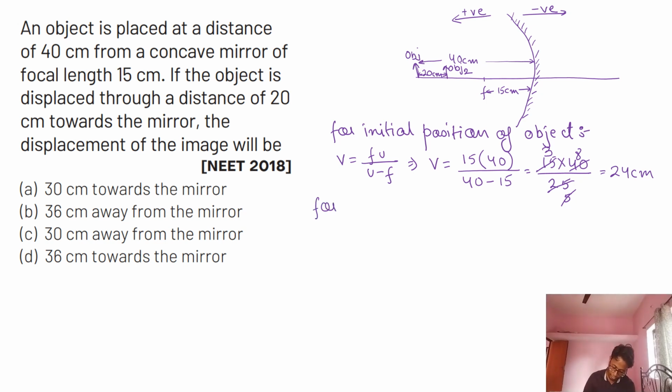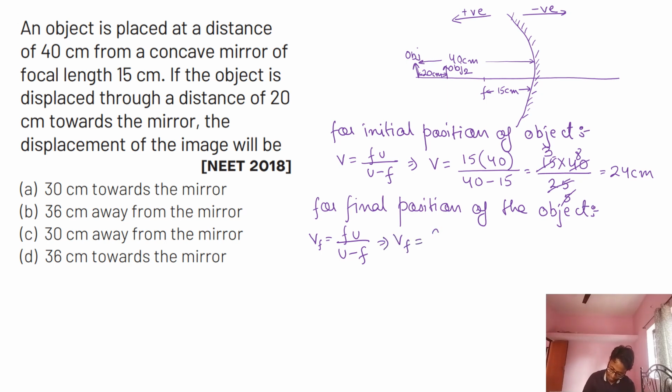For the final position of the object, again we find v final, the final position of the image, is equal to fu by u minus f. What is the value of f? 15. What is the value of u?